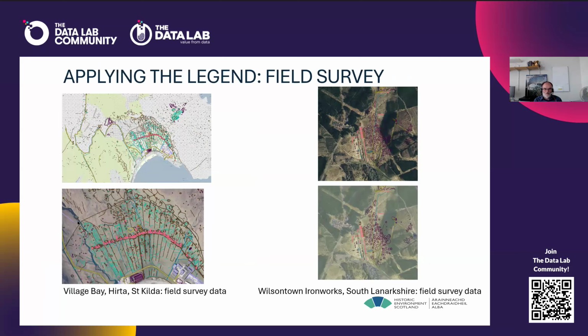And again, looking at our field survey data, this is the complex multi-period landscape at Hirta, St Kilda, Village Bay, which shows you the detail that we mapped in the field, with the befores at the top and the afters at the bottom.